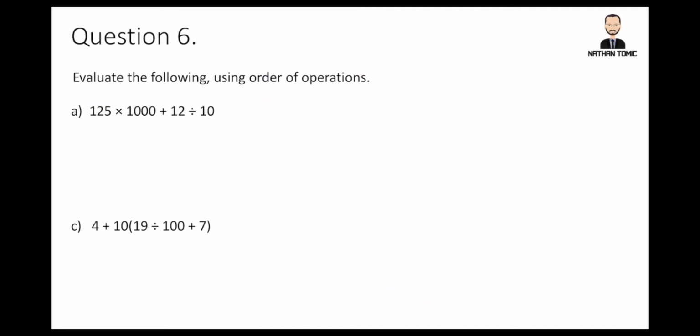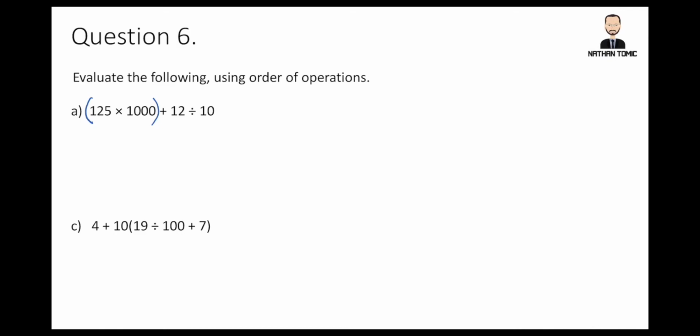So here we have 125 multiplied by 1,000 plus 12 divided by 10. So to help myself be really clear, I'm going to chuck some brackets in. So I know that I have to do this multiplication first because not only is it the highest one of the operations, it's also the furthest to the left-hand side of the equation.